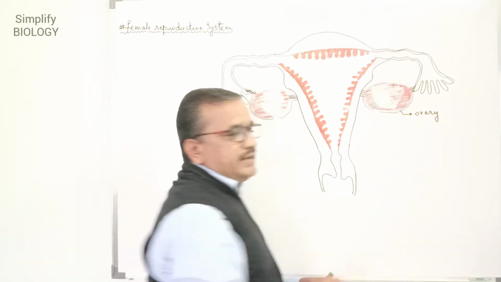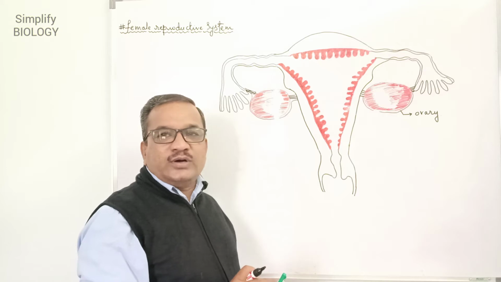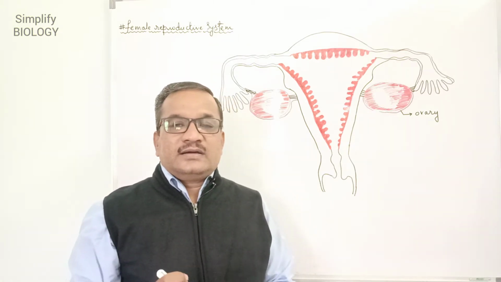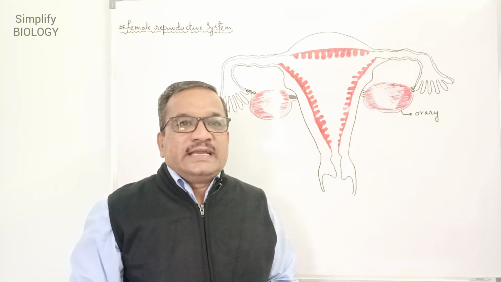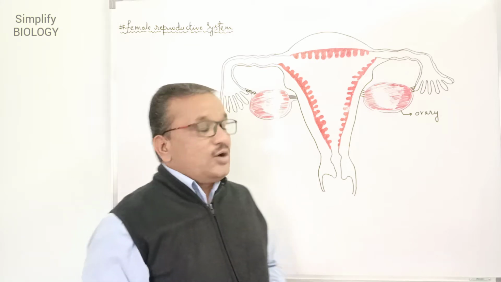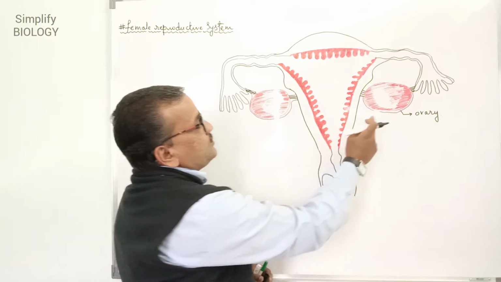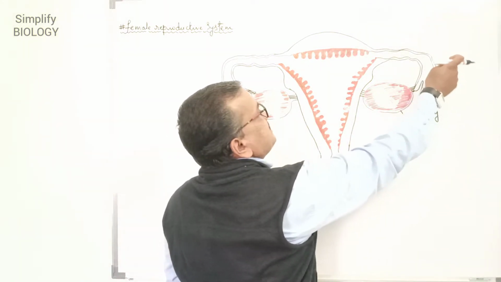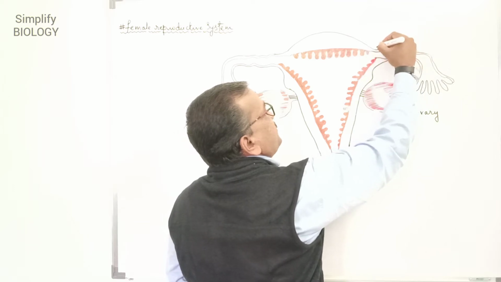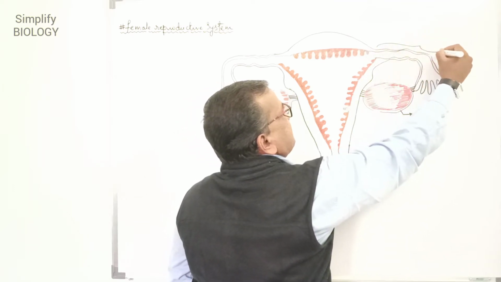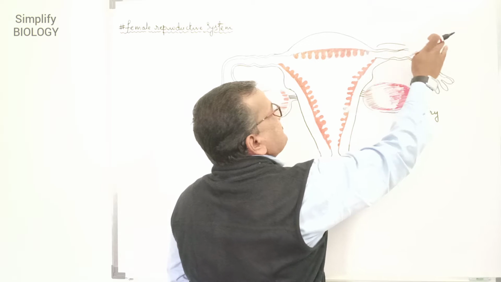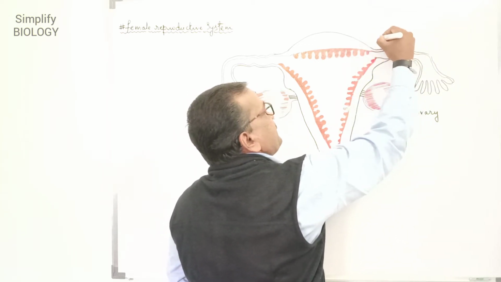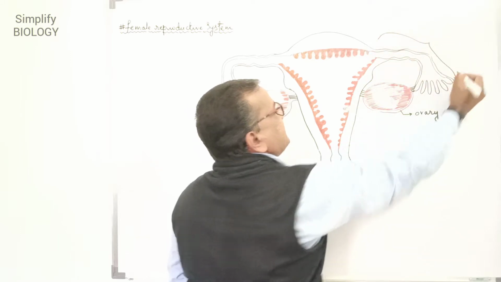This is a single ovary and this is another ovary, so a pair of ovaries is present. The second organ is called a pair of oviducts or fallopian tubes. Near the ovary there is a tube, from here till here.